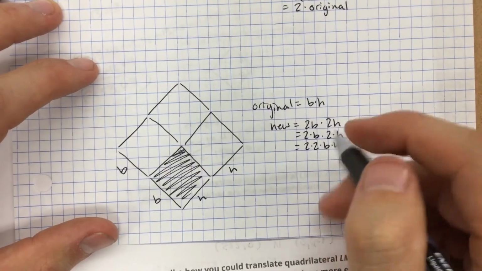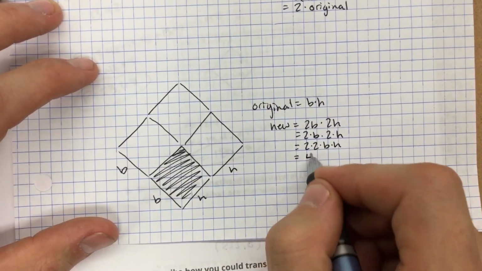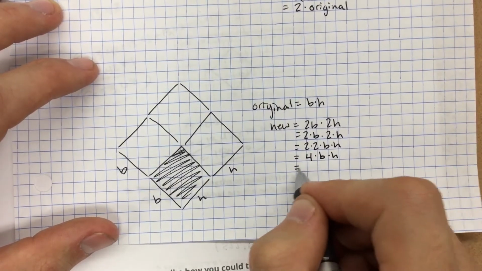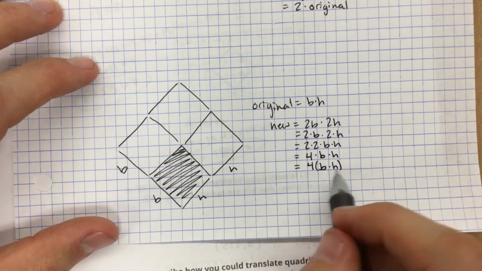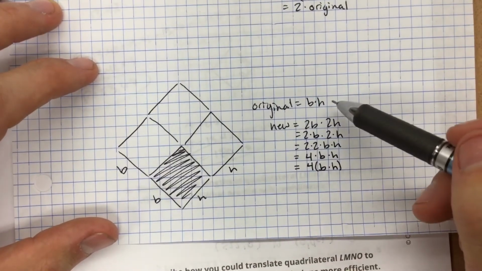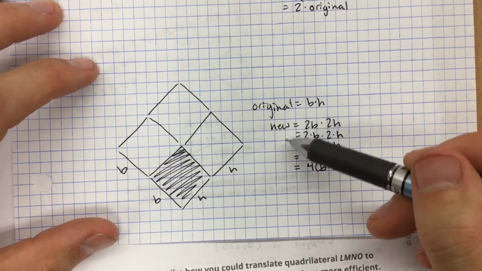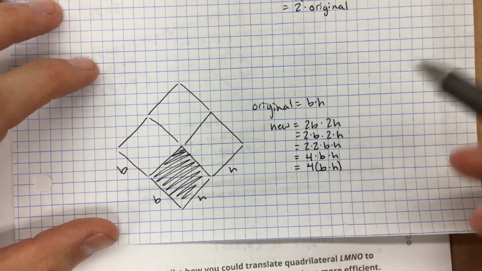Because remember, multiplication doesn't matter what order it's in, we can do that. So now I have 2 times 2 is 4, so times base times height. And then last step, I can rewrite this as 4 times the quantity base times height. And since our original was base times height, that means our new area is equal to 4 times our original area.